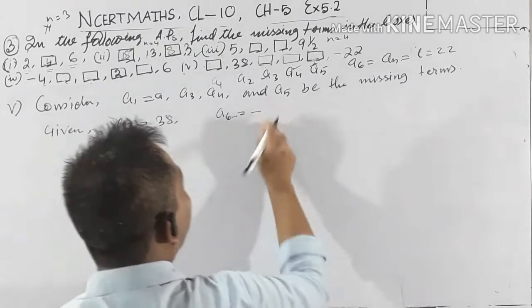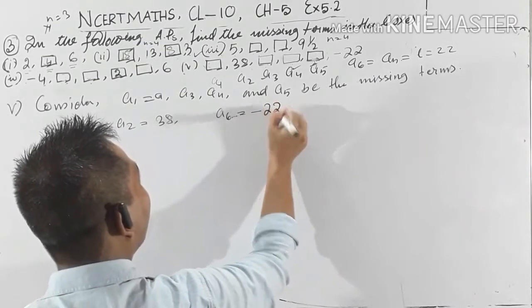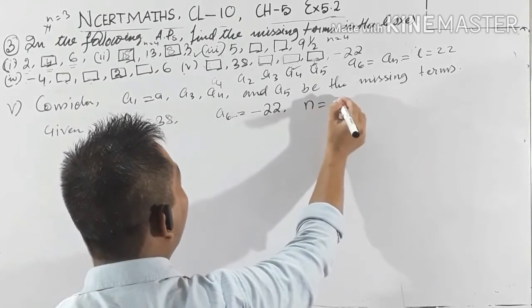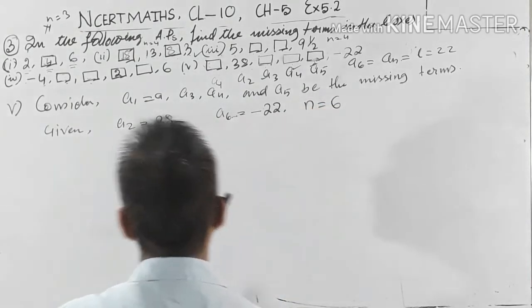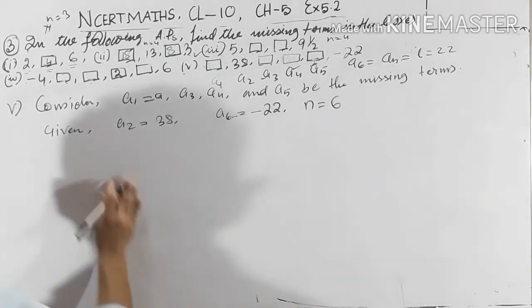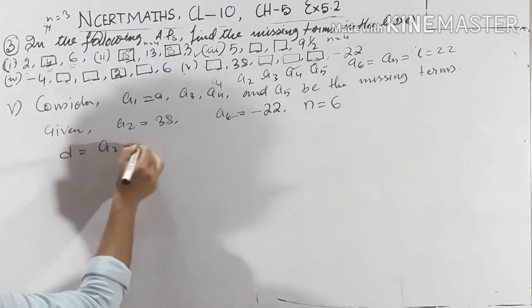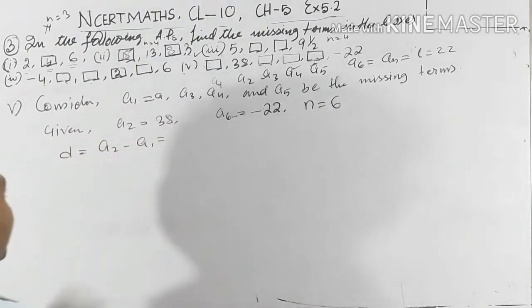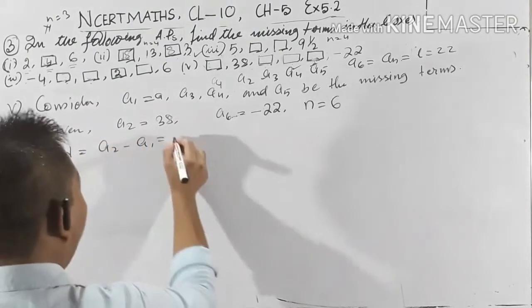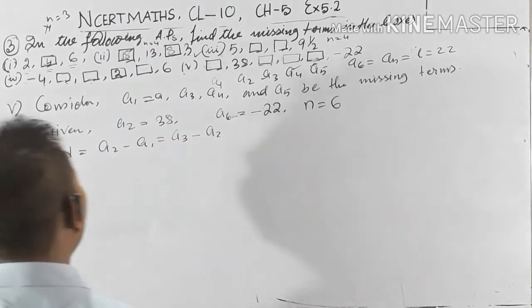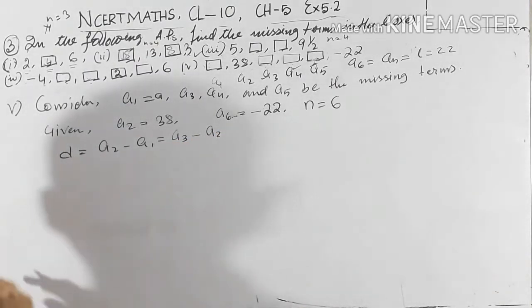And n equals 6, right? Then the common difference will be A2 minus A1, which equals A3 minus A2. With this given condition, let us calculate.